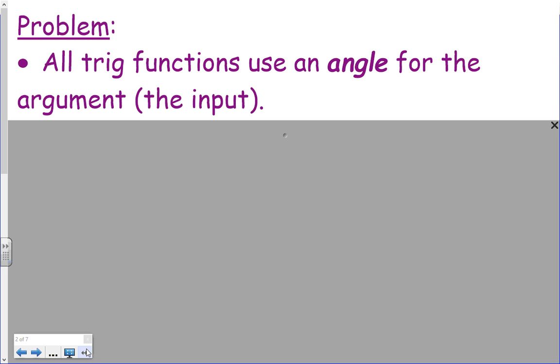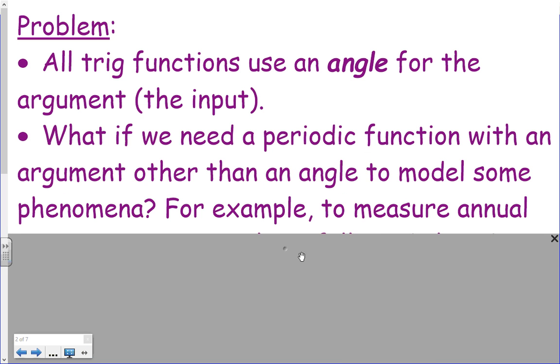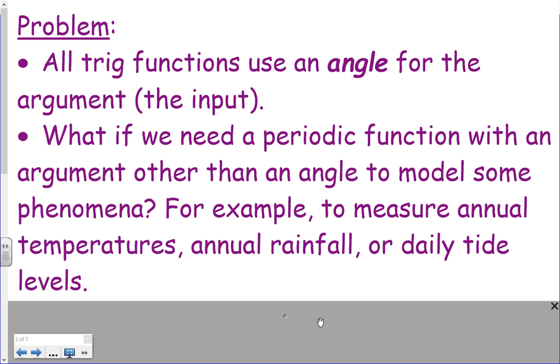Well, what happens if I want to extend using these trig functions beyond working with just angles? I run into a bit of a problem because all these are defined in terms of some angle. This is the issue we're dealing with here.